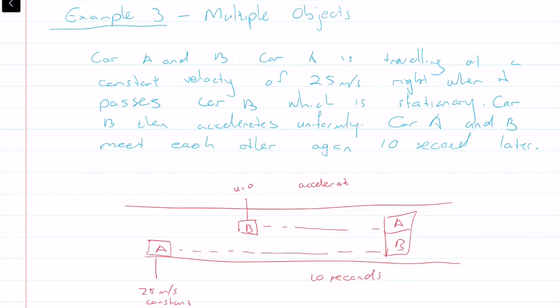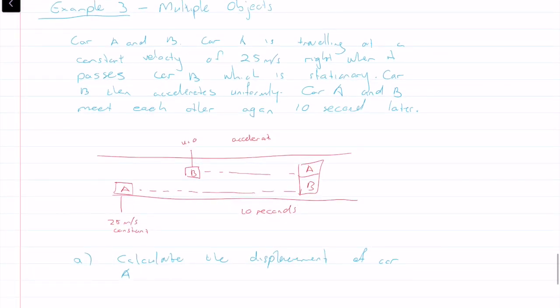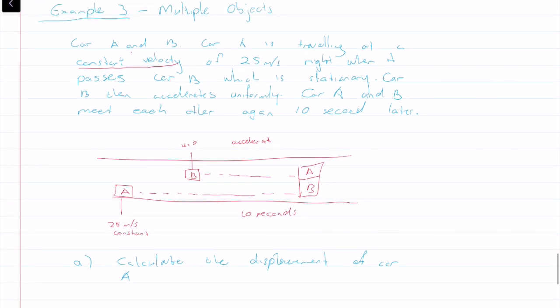So let's get into the actual part. Part A is calculate the displacement of car A. Car A has a constant velocity, so acceleration is equal to 0.